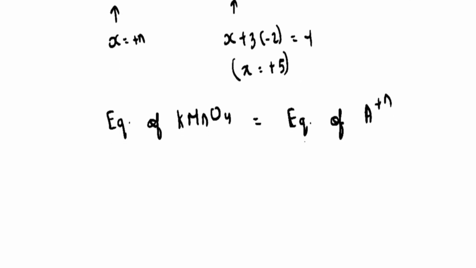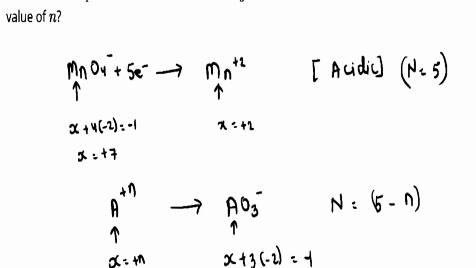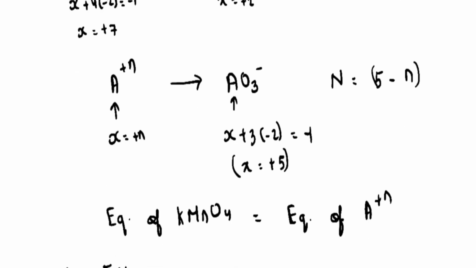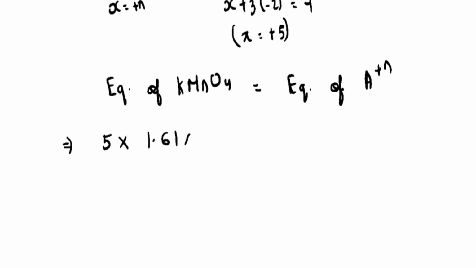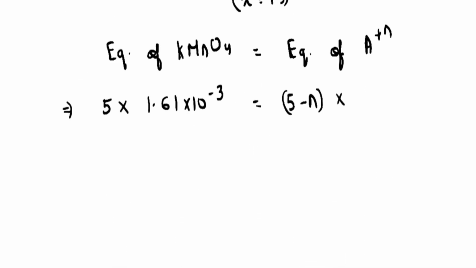On equating the equivalents, the equivalents of MnO4^- equal 5, the n factor, times the moles, which is given as 1.61 × 10^-3, equal to the equivalents of A^n+, which is the n factor, 5 minus n, times the moles, which is given as 2.68 × 10^-3.